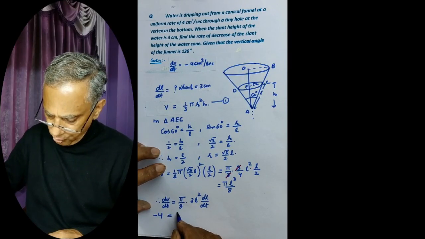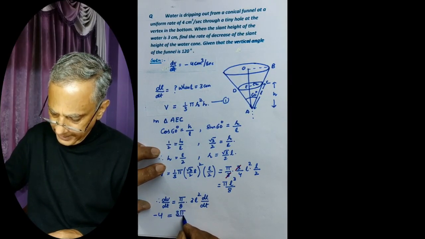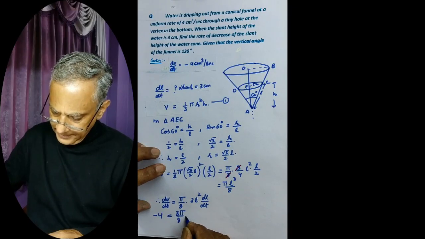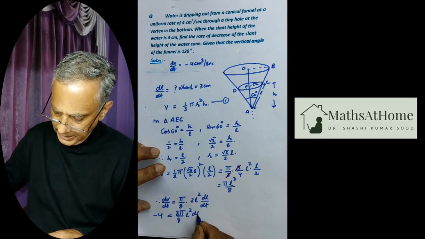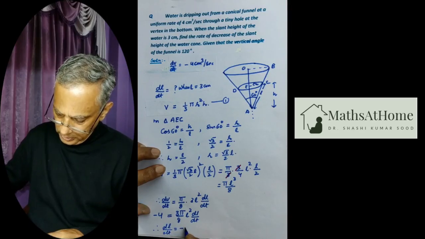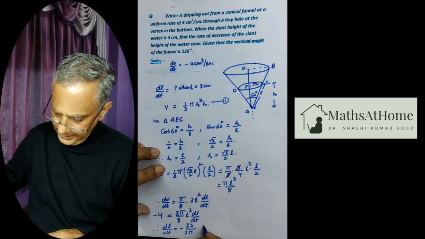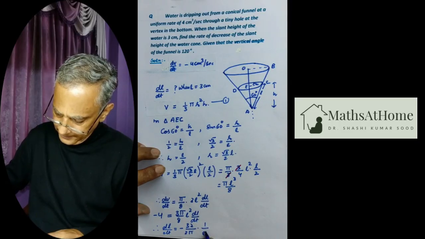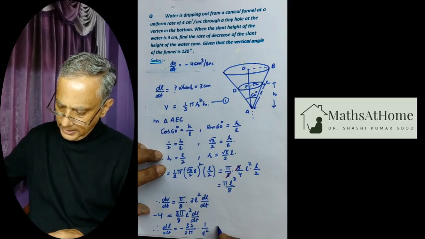So this is equal to minus 4, and this is 3 pi by 8 L square dL by dt. Therefore dL by dt is equal to minus 32 over 3 pi into 1 by L square.